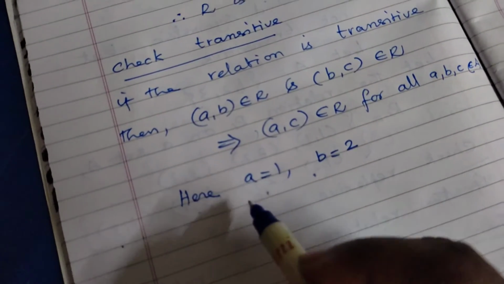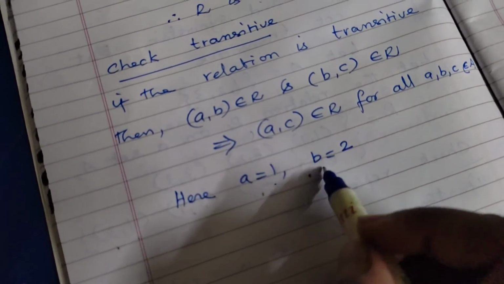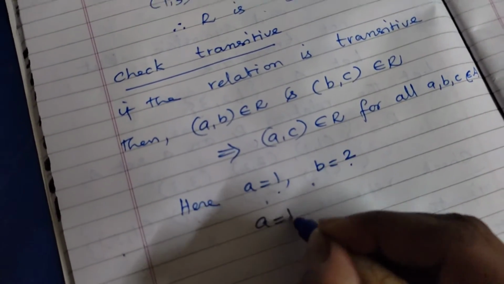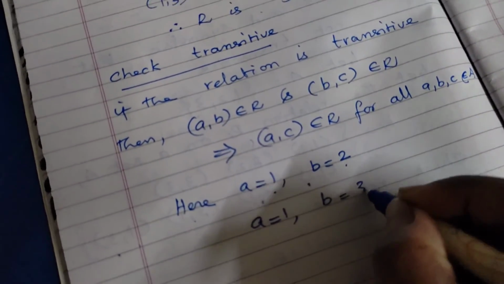Here we take A equal to 1, B equal to 2. Another one, A equal to 1, B equal to 3.